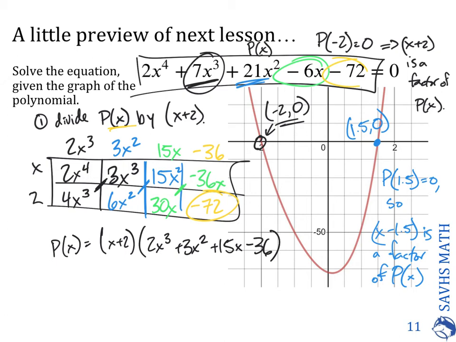But here's the next thing here. I also know that x minus 1.5 is a factor of p of x. Now what we're going to do is we're going to take this and divide it by x minus 1.5.